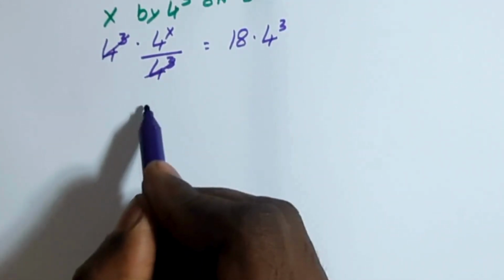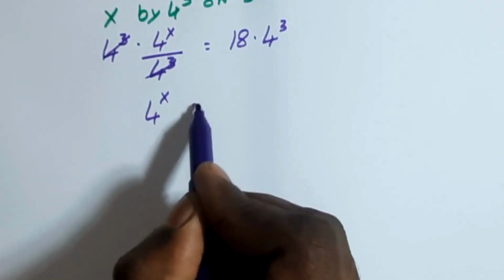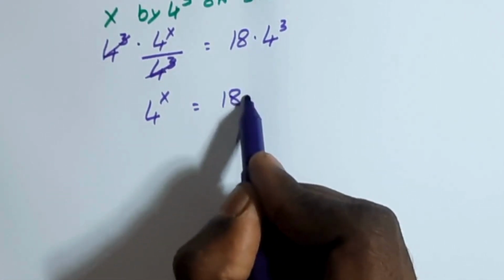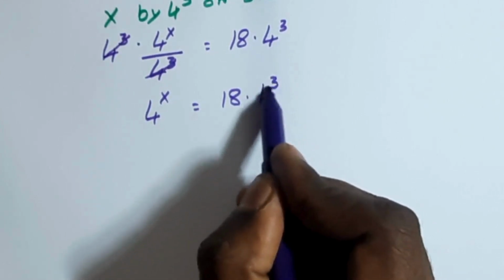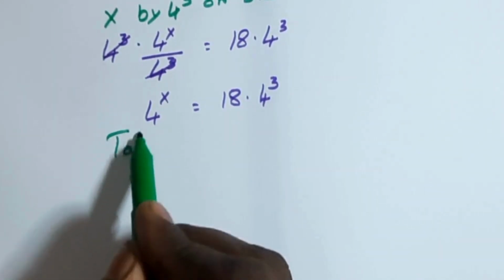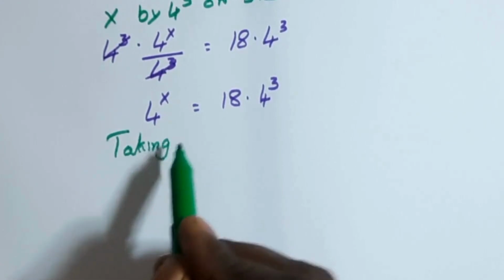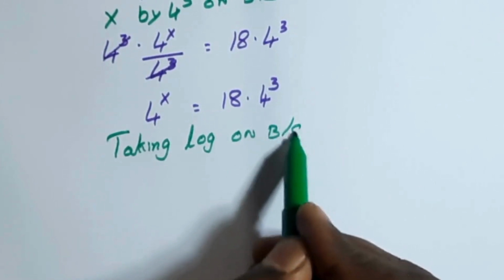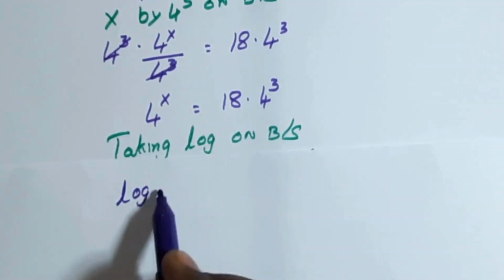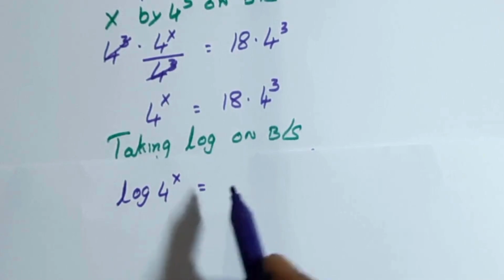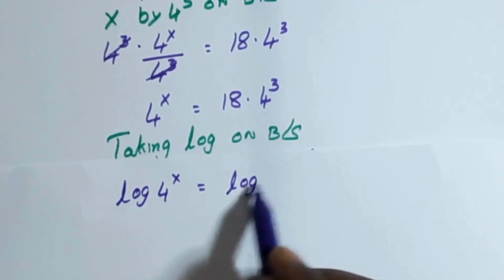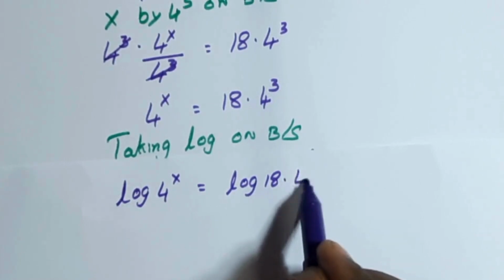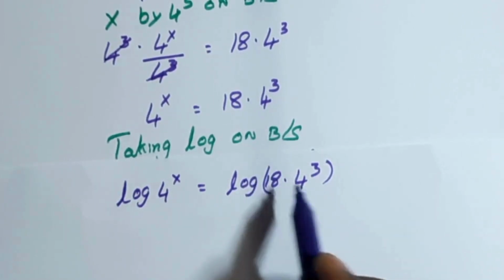So we have 4 power x equal to 18 into 4 power 3. Now taking log on both sides, log 4 power x equal to log 18 into 4 power 3.